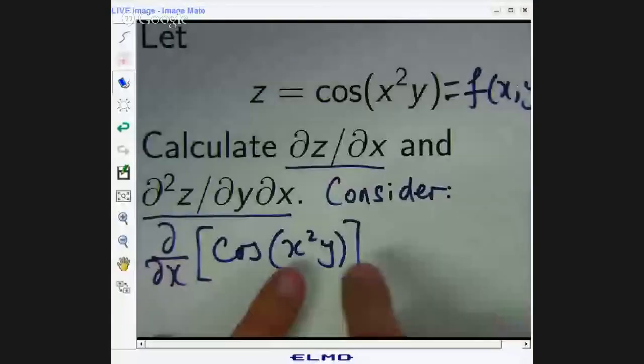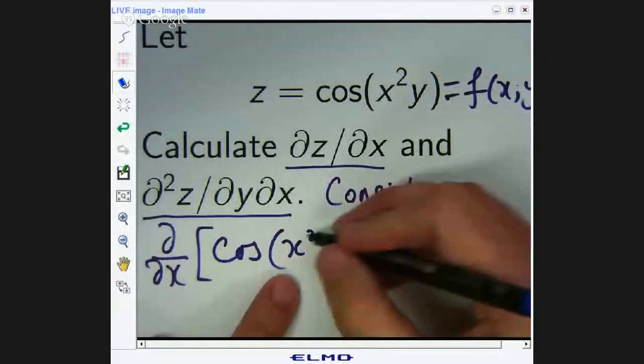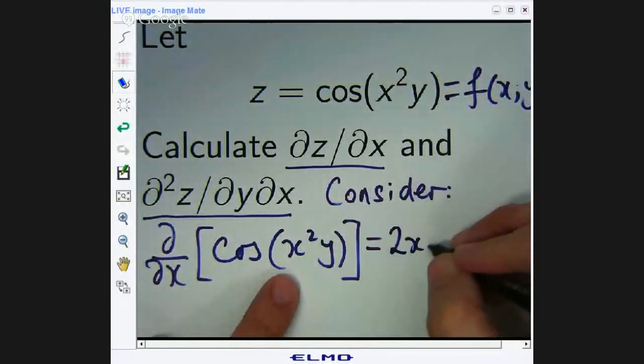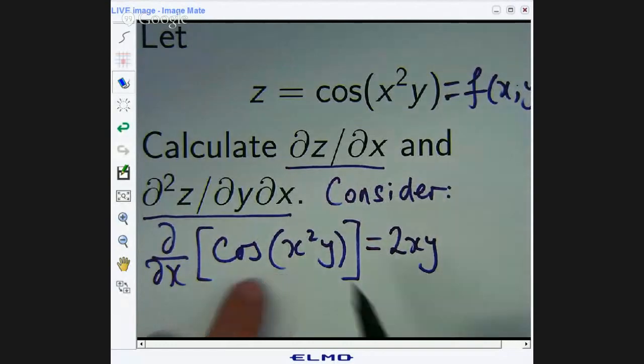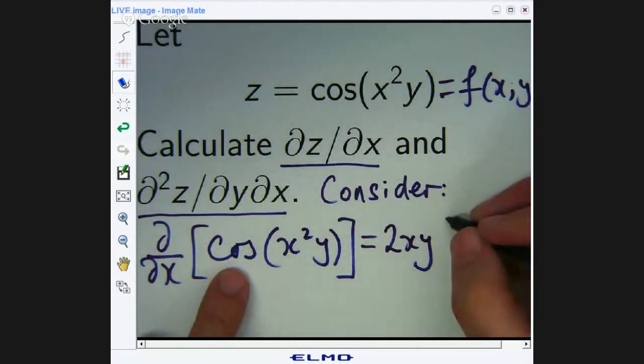Okay, what's the derivative of the cosine function? Negative sine. So we take the derivative of what's in the brackets with respect to x, it's 2xy, and we multiply by the derivative of the cosine function. The derivative of cosine is negative sine.